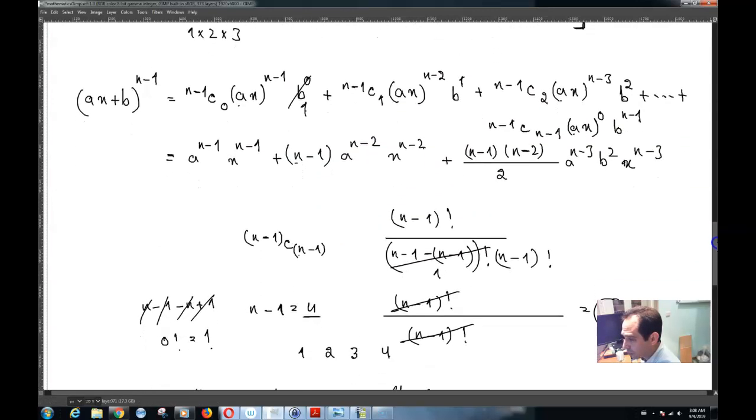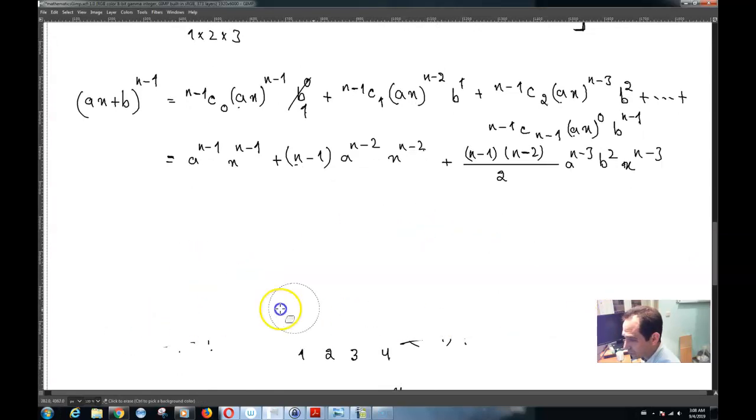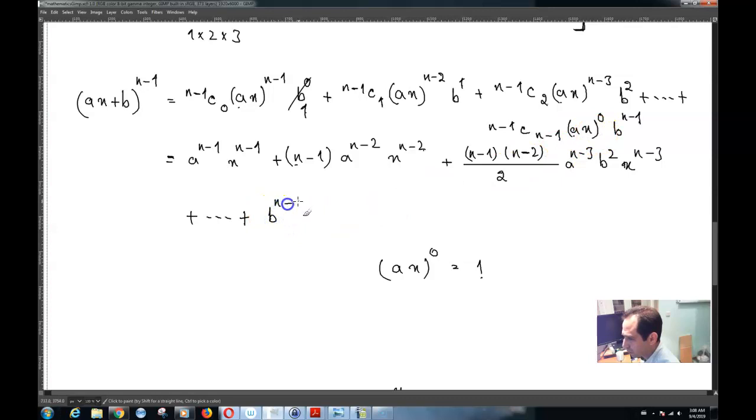So then this part over here, basically let me write this as plus all the way up to n minus 1 combination n minus 1, is just equal to 1. A times x raised to the power 0 is equal to 1. So that's equal to 1, and then you have b raised to the power n minus 1.